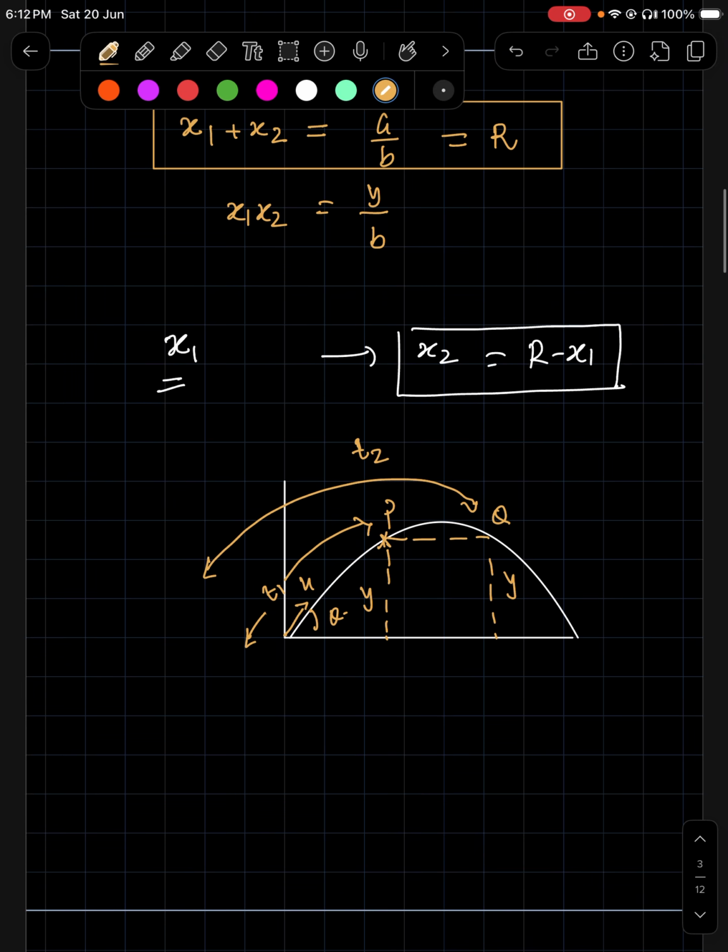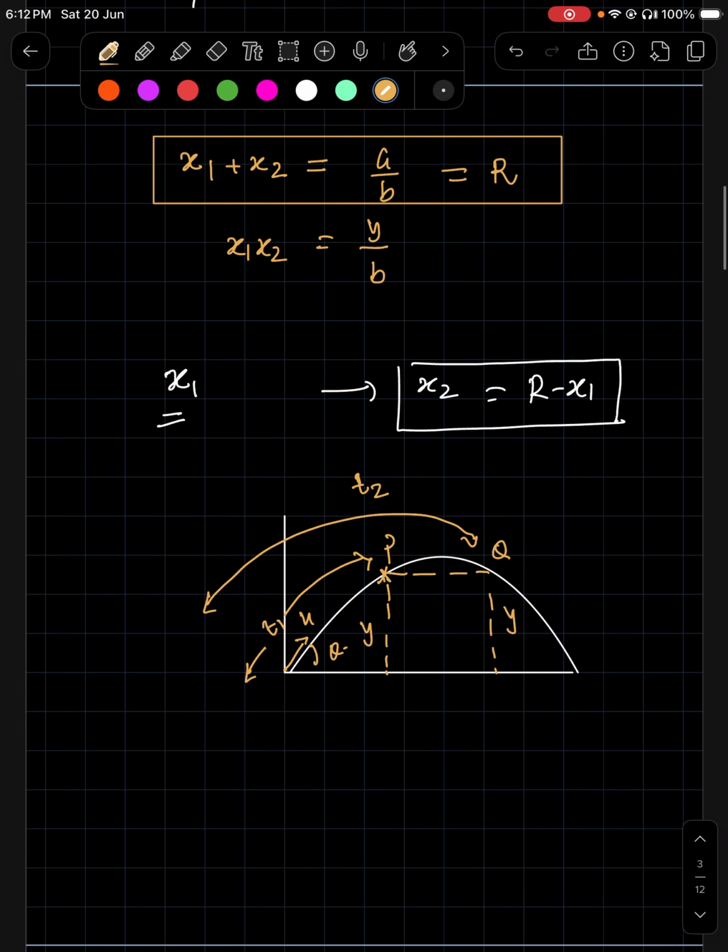So like the previous case, where we found the corresponding horizontal distances, and the sum of the horizontal distances is the range of the projectile, we are now going to see what the sum of the moments, or the sum of the timings, is. So we are going to see t1 plus t2.